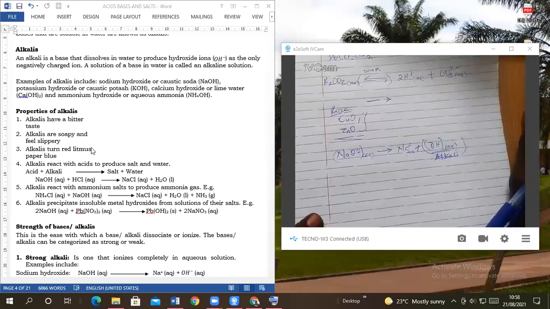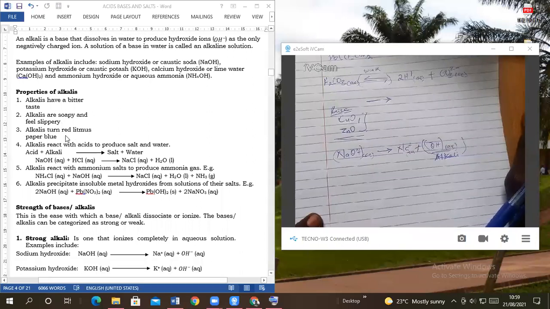So if you get a solution and you want to know whether it is acidic or alkaline, you do two tests. You get two litmus papers, blue and red, and insert both of them in the same solution. Any effect it makes tells you what it is. If it turns blue to red, it is an acid. If it turns red to blue, that is an alkali.